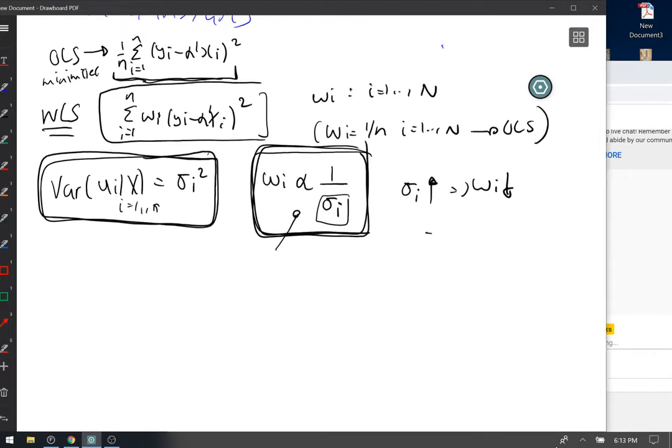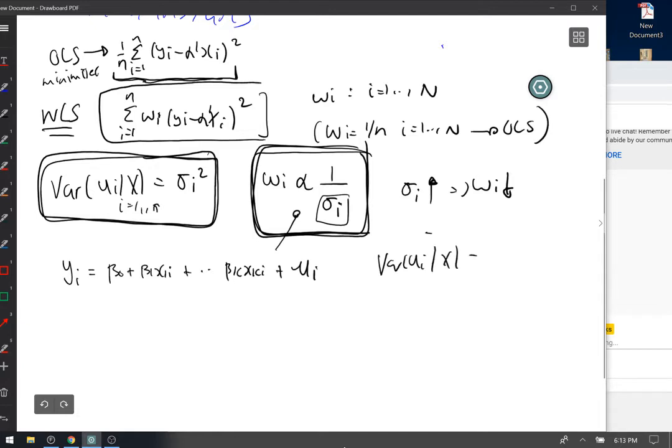And the reason is, let's now apply it to the question. Take the regression y_i equals b0 plus b1 x1i plus dot dot dot bk xki plus ui, where the variance of ui given x is sigma squared h_i, where this h_i is known to us.